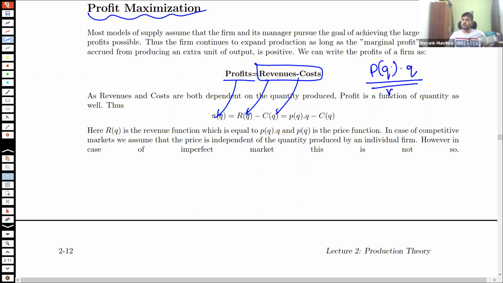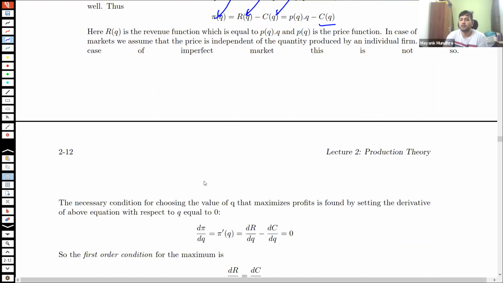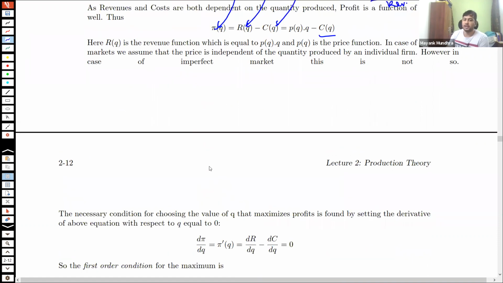So this is your revenue minus cost function. So cost is also a function of quantity. So everything is a function of quantity. Now, if I just write my profit as pi equals revenue as a function of Q minus cost as a function of Q, then differentiating with respect to Q for profit maximization.